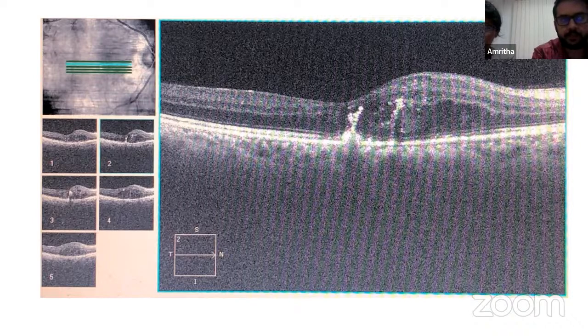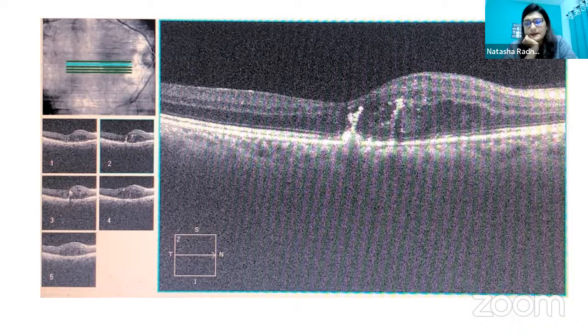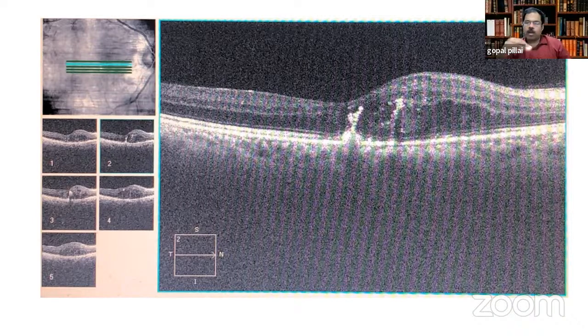Then comes submacular detachment or sensory neural detachment. Then also traction based, like retromacular traction, and mixed pattern. And then there could be a foveal hard exudate plaque also.